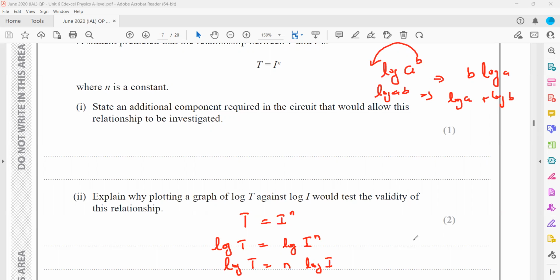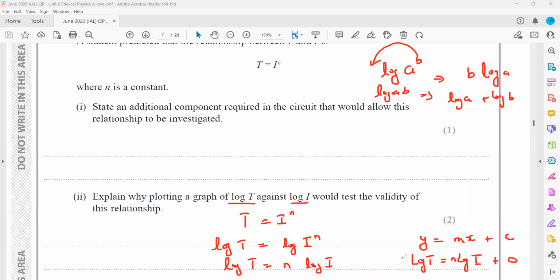When we compare with the equation of a straight line, y equals mx plus c, we have log T and n log I, and nothing is added, so the y-intercept is 0. So how do we test that this relation is valid?